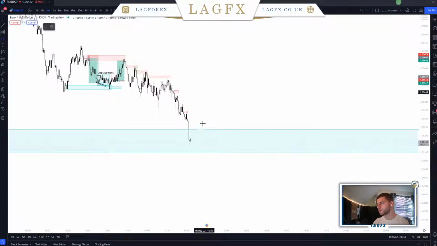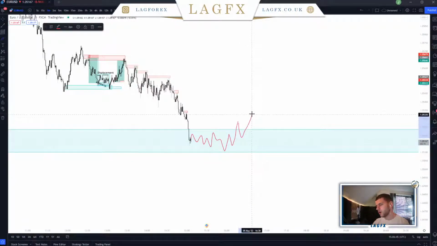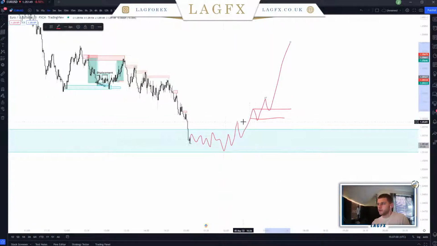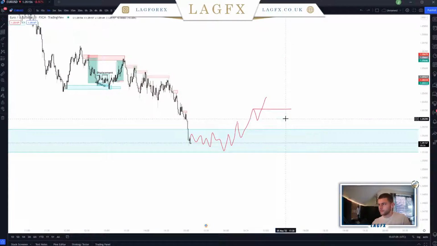For example, let's say we undergo an accumulation and we have something like this, and yes, we've already had the displacement, but I'd want to see a couple legs of this bullishness play out first, and then potentially start looking for buys from a demand zone like so, then take us higher. I'd want to see a lot of structure confirmed, because the further we go, the more confirmation we have. However, the further we go, the harder it can be to get a good entry.